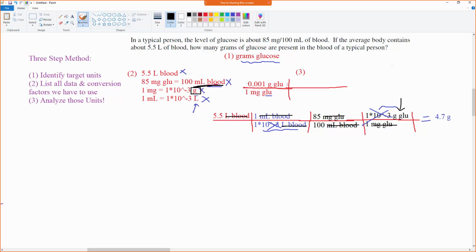So 1 times 10 to the negative third grams of glucose on top, 1 milligram of glucose on the bottom. Now I need to get rid of the milligrams of glucose, right? Because I want just the grams. So the only other place that I see milligrams of glucose is right here, the 85 milligrams of glucose in 100 milliliters of blood. So I'll plug that in.